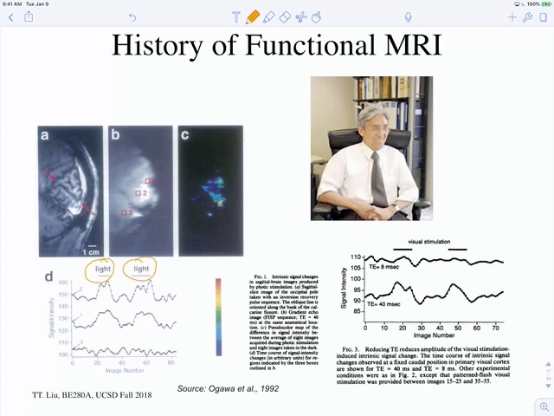And what they found was that if they looked in this posterior part of the brain, which is where your visual cortex is, they could actually detect these signals that went up and down and up and down. Okay, and so this was the first proof that you could actually measure function non-invasively with MRI in humans. And so we're going to talk a little bit about this. How does this work, and what does it mean? Okay.